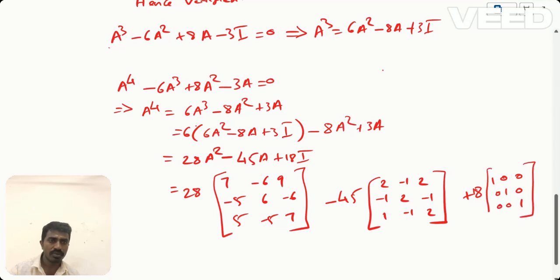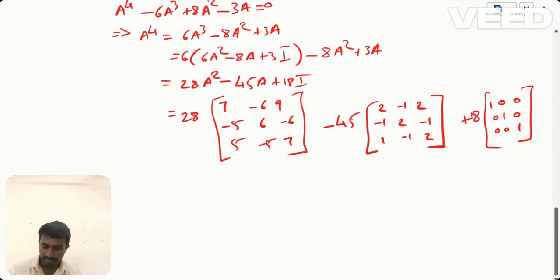Now if you simplify this matrix, then you get the A power 4 value. So here the question is: and hence find A power 4. You should not find A power 4 as A square into A square, because the question says hence find A power 4. That means you have to use the Cayley Hamilton theorem to find the value of A power 4.